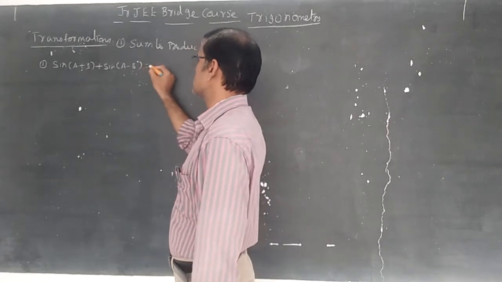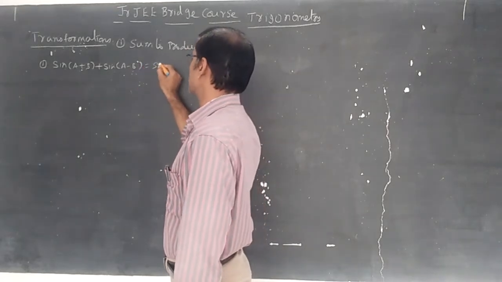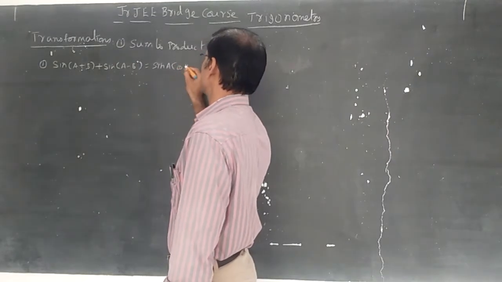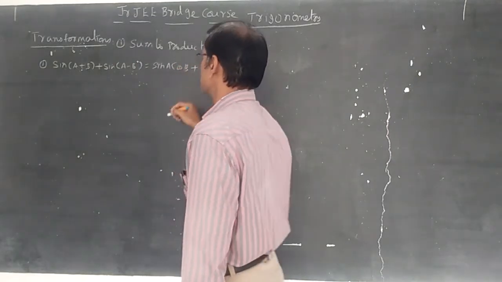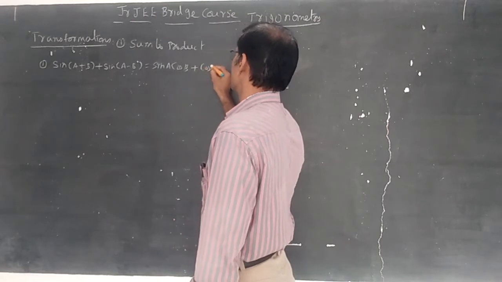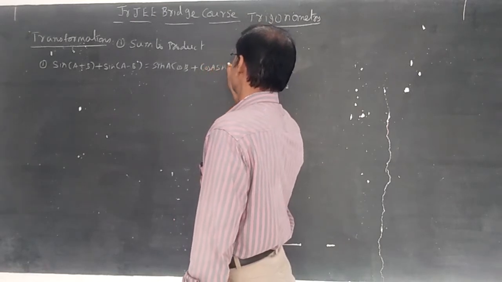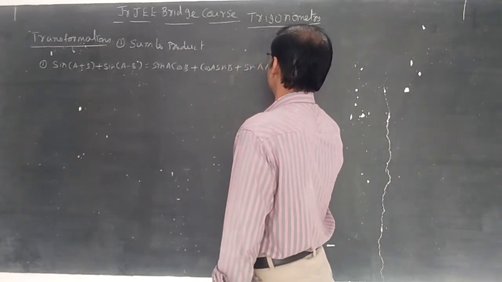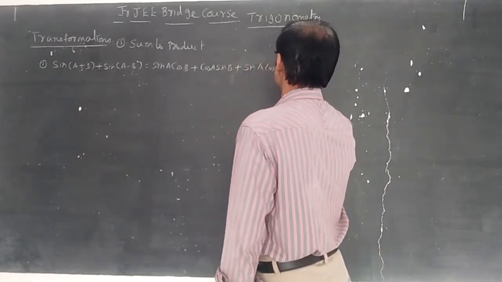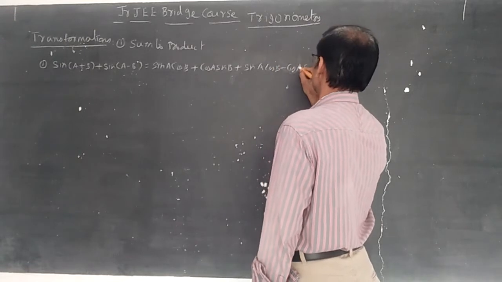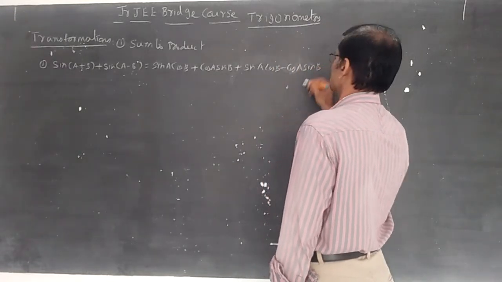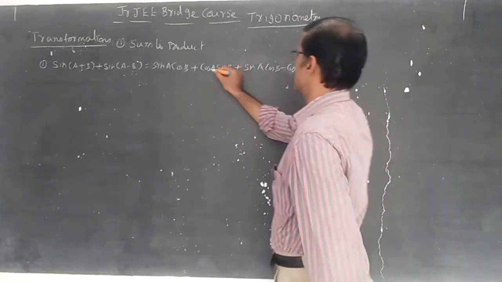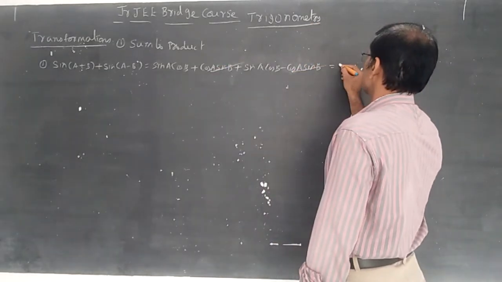Now we can discuss the sin of A plus B plus sin of A minus B formula. Sin A cos B plus cos A sin B, the formula we discussed in the previous class, plus the sin of A minus B formula, sin A cos B minus cos A sin B. So now cos A sin B, plus and minus, will get cancelled.